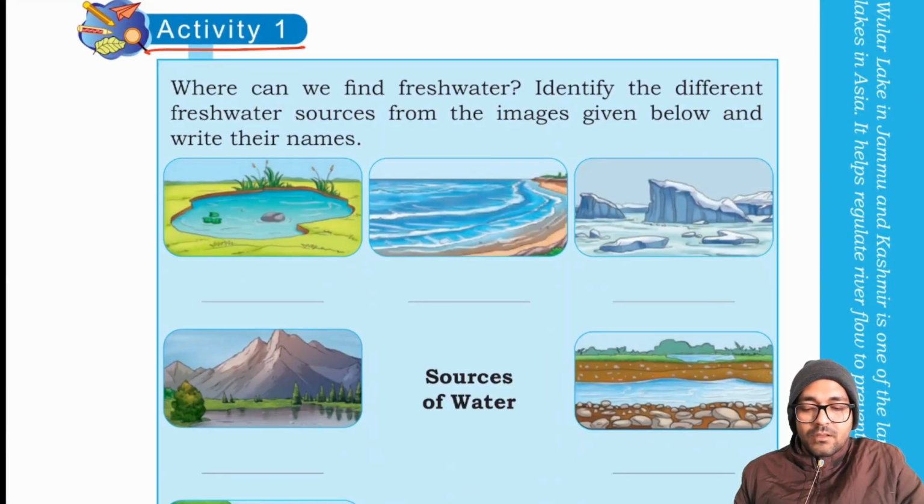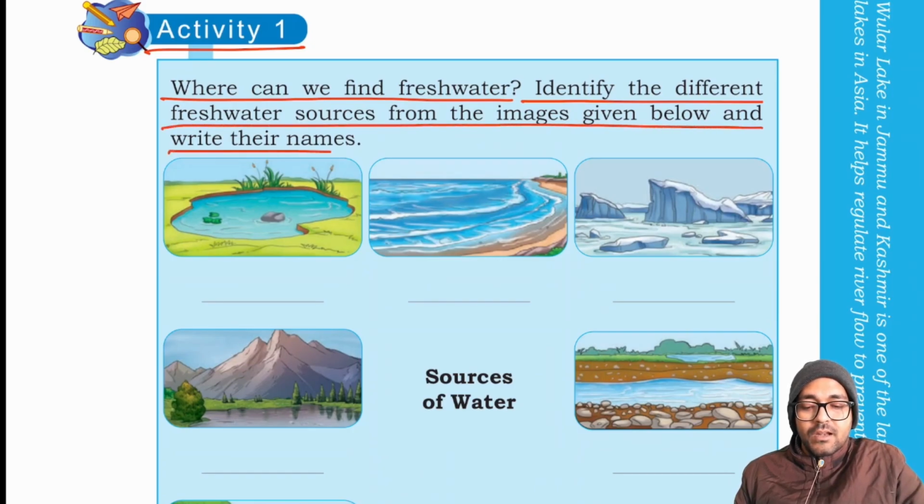Activity 1. Where can we find fresh water? Identify the different freshwater sources from the images given below and write their names.